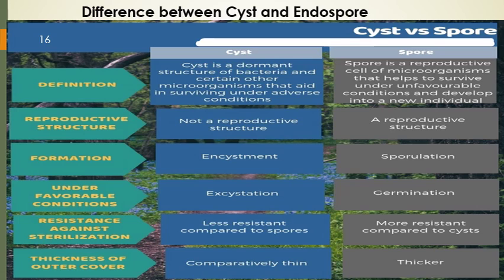A spore is another dormant structure produced by microorganisms mainly under nutrient deprivation. But unlike a cyst, a spore is a reproductive structure which can develop into a new individual. However, both cyst and spore help microbes to withstand unfavorable conditions. Moreover, they contain resistant outer covers. Therefore, both structures cannot be eliminated easily by many sterilization methods.